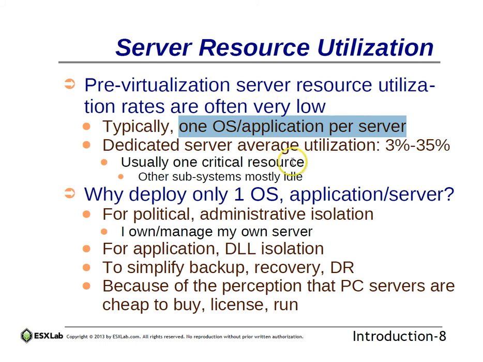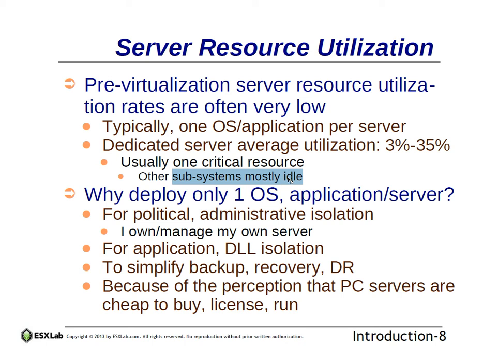Even if I provision my server with the critical resource properly sized, so if I have a PC server that's using 80% of its declared memory, that would be properly sized. I'm using most but not all, so I have some headroom in case I need it. The other subsystems are typically left lightly used.